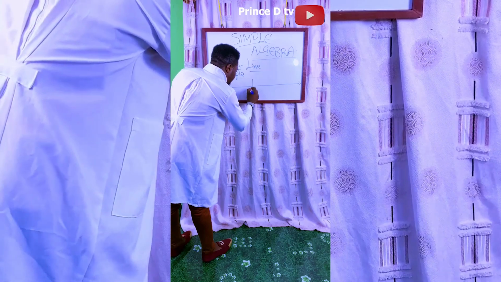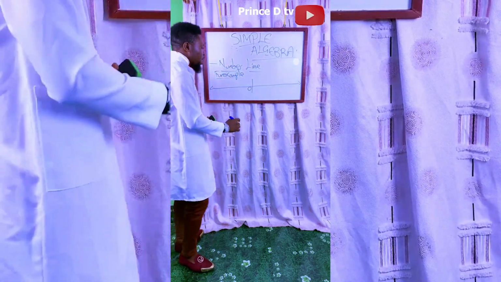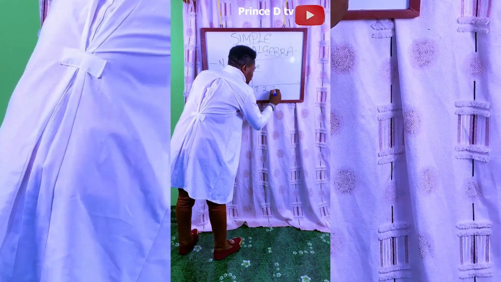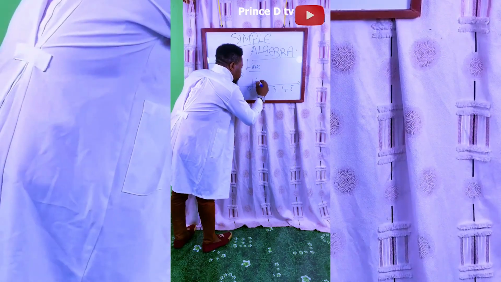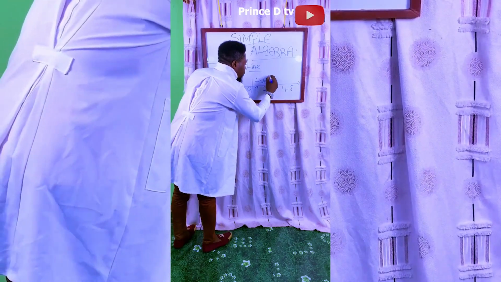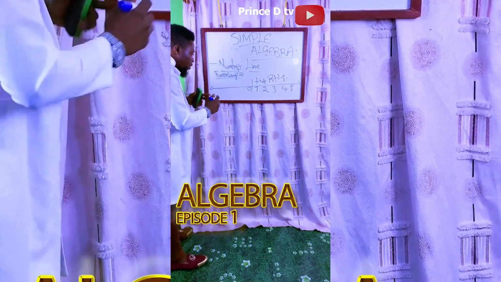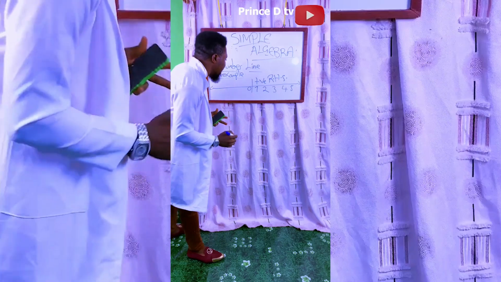Here we have our center figure, which is always 0. On the right hand side, we have, for example, 1, 2, 3, 4, and 5. This is the positive side, which is the right hand side. The same thing follows on the left hand side of the number line.